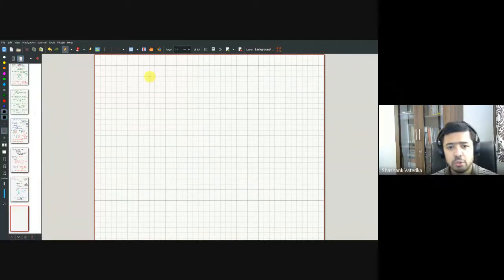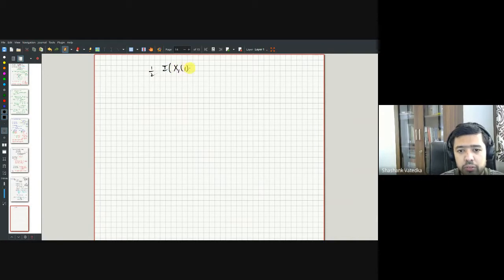Let's just look at two terms, so n equal to 2. We have half the mutual information between X1,1, X2,1, and Y1, plus half the mutual information between X1,2, X2,2, and Y2.